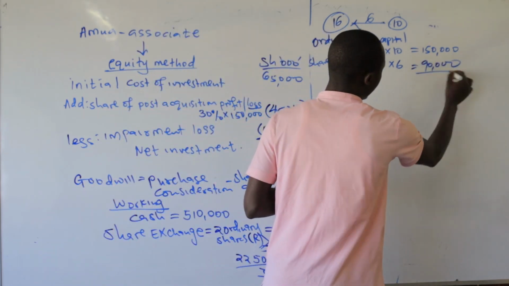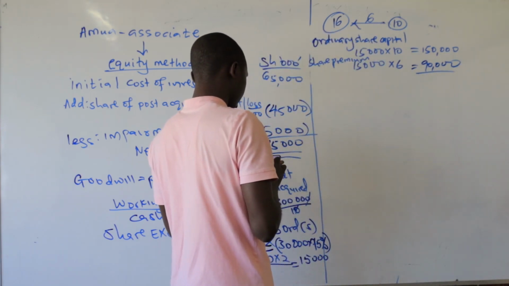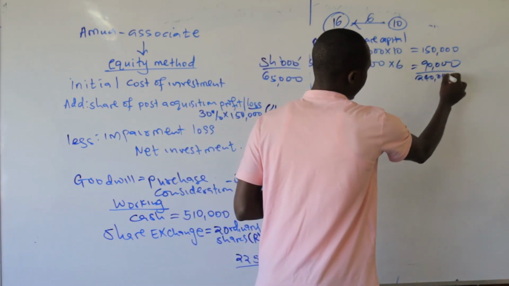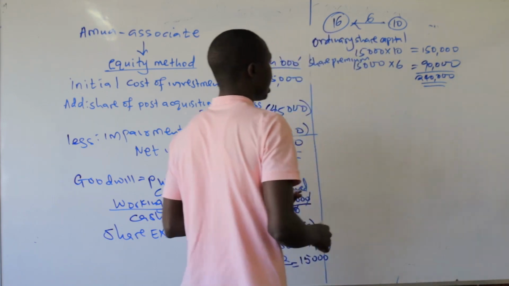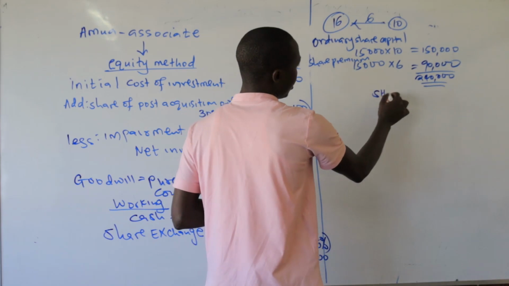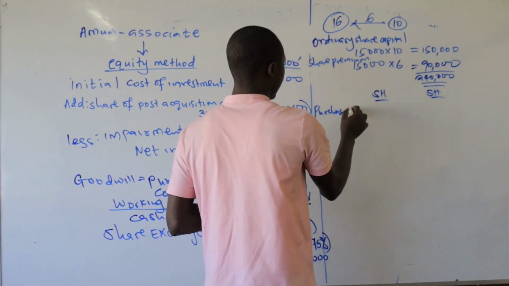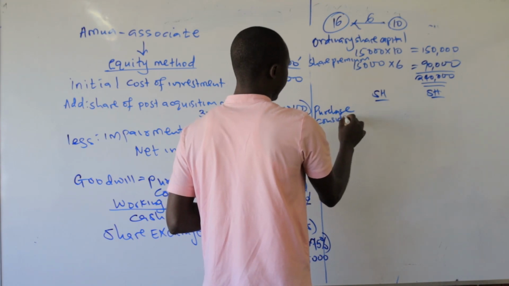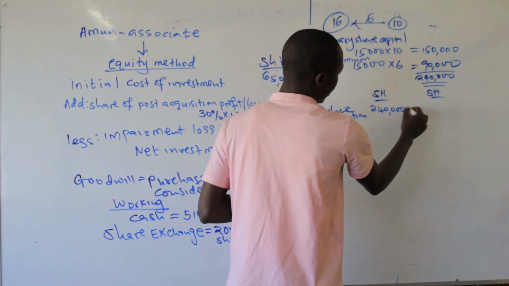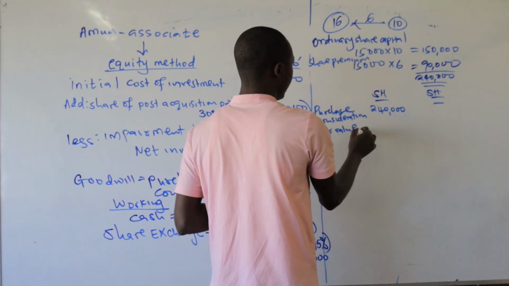Then we will get the total. So 150 plus 90, that is 240,000. So 240,000 is our purchase consideration. After that, I can do goodwill by saying purchase consideration is 240, and the fair value of NCI, because now I'm using the full method.